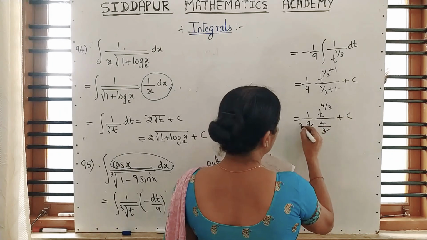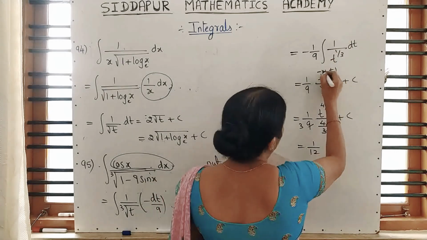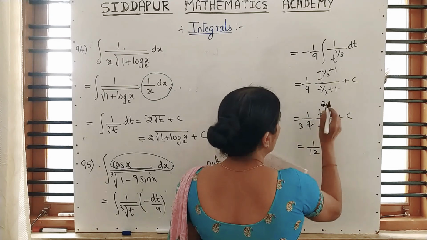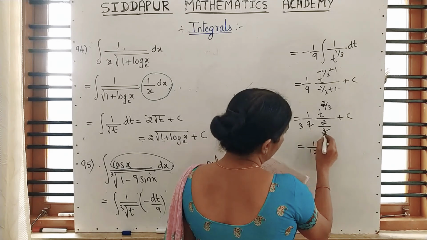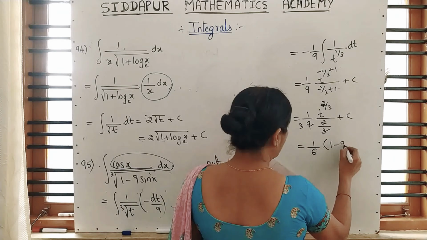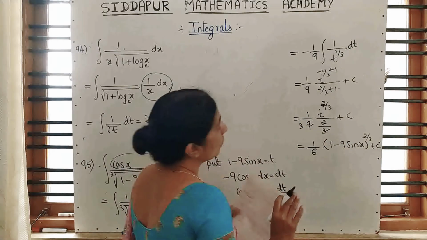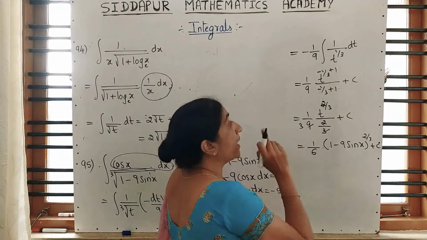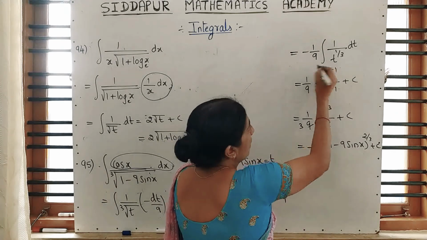Sorry, I did a mistake. When t raised to 1 by 3 goes up, it becomes minus, and it is in the form of x raised to n, x raised to n plus 1 upon n plus 1. Minus 1 by 3 plus 1 is 2 by 3. 3 and 3 get cancelled. It is 1 by 6. T value is what? 1 minus 9 sin x raised to 2 by 3 plus c.